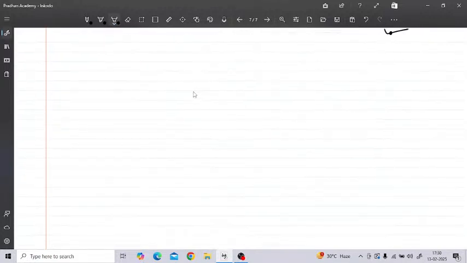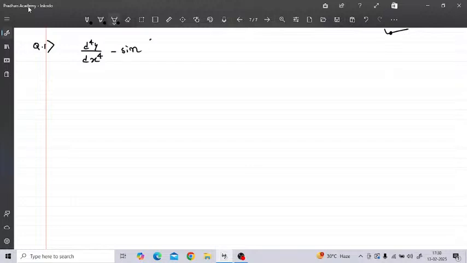Some previous year questions. So the first question, from this subtopic you will get an MCQ. So that's your differential equation minus sine d2y/dx2 is equal to 5.